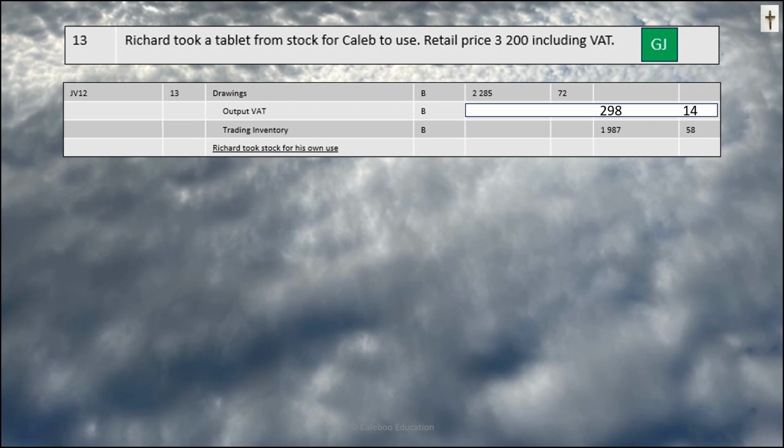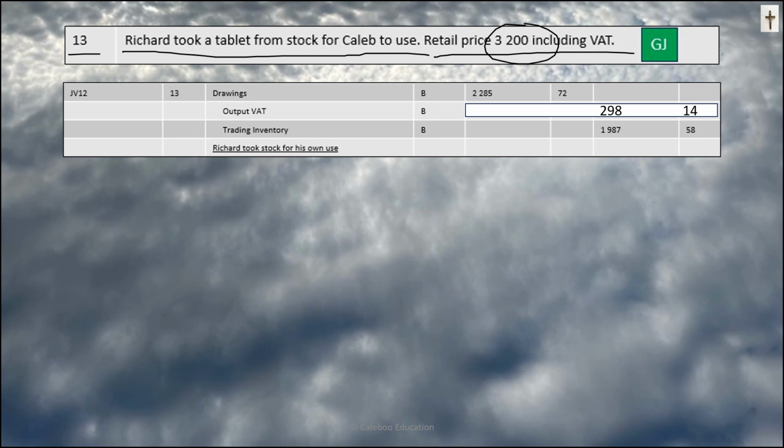So let's have a look here. On the 13th, Richard took a tablet from stock for Caleb to use. Now the selling price including VAT is 3,200, and I'm going to do the transaction like this. If the owner of a business takes stock for his own use, he takes the stock at cost price.